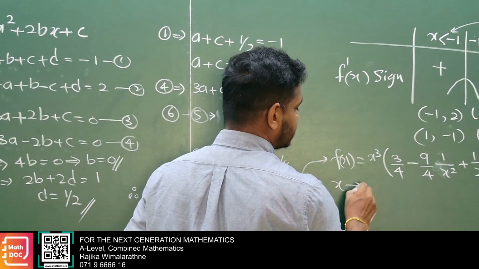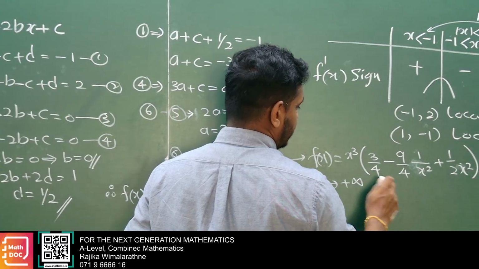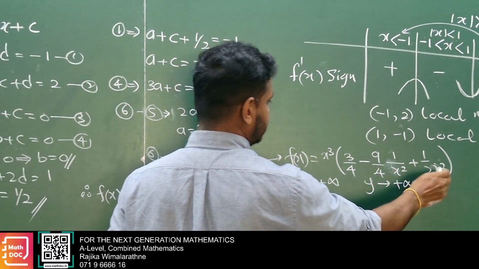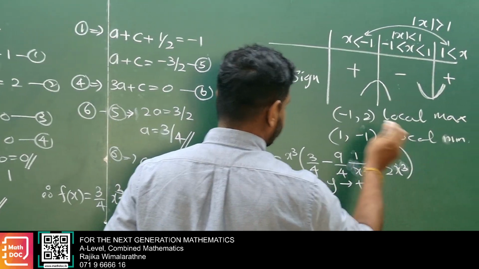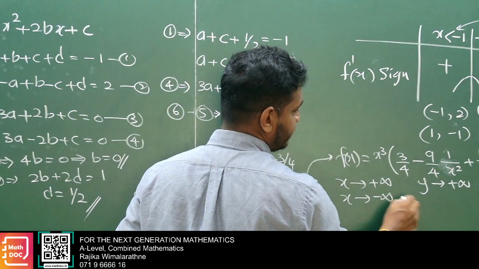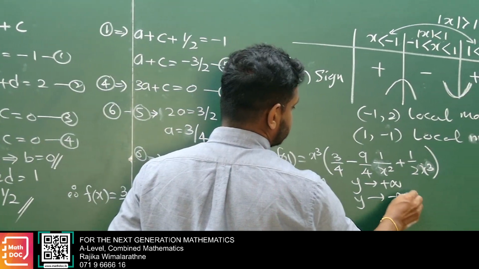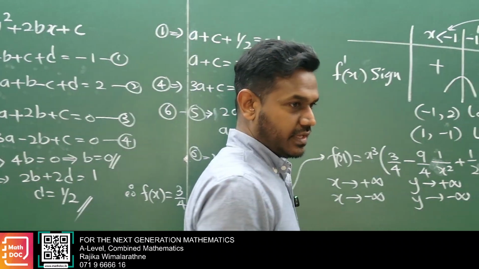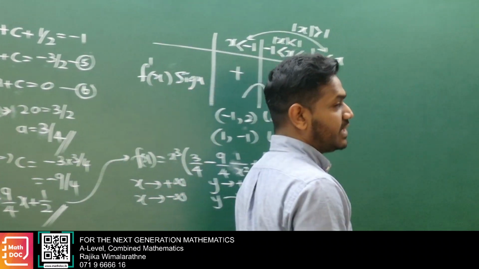When x goes to plus infinity, y goes to plus infinity. Here these two terms are zeros, so x cube gives plus infinity. When x goes to minus infinity, y goes to minus infinity. Okay. Now we can complete the graph.